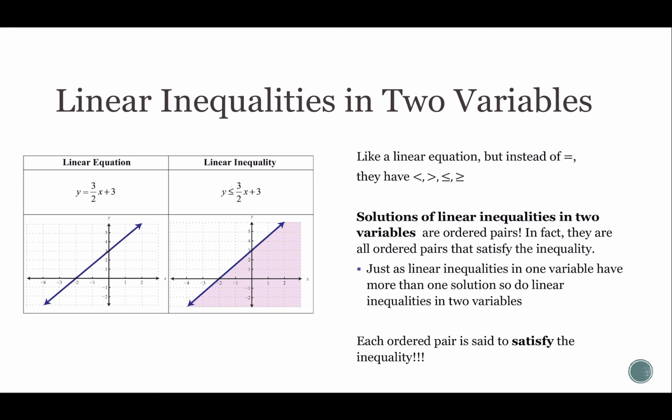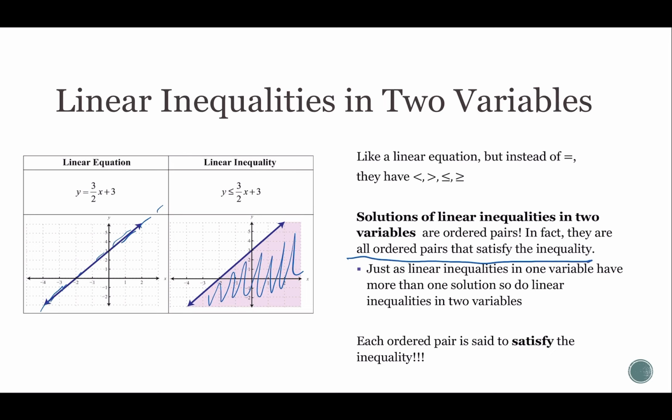When I graph a linear inequality, it looks a little bit different than a linear equation, because not only do I have to graph a line, or a dashed line, as we will see, I then need to shade one half of the plane, because our solution is all ordered pairs that satisfy the inequality.